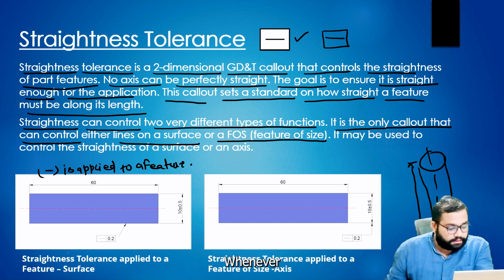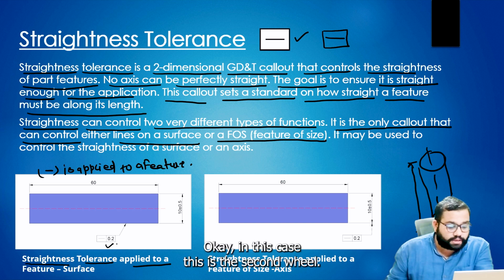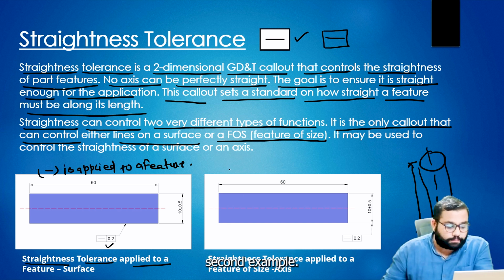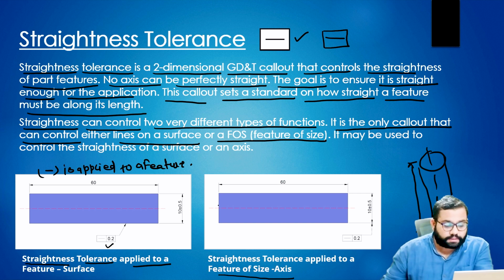Here also, straightness tolerance is applied to a feature. Whenever the leader line is pointing towards the surface, it means we are providing tolerance to a feature. In the second example, straightness is applied to a feature of size or axis. Here we are using the word dia.